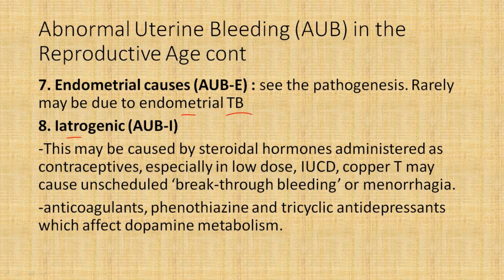Eighth is iatrogenic AUB, that's AUB-I. This may be caused by steroidal hormones administered as contraceptives, especially in low dose, and by an intrauterine contraceptive device. Copper T may cause unscheduled breakthrough bleeding or menorrhagia. Anticoagulants, phenothiazines and tricyclic antidepressants, which affect dopamine metabolism, may also have a role to play in abnormal uterine bleeding.